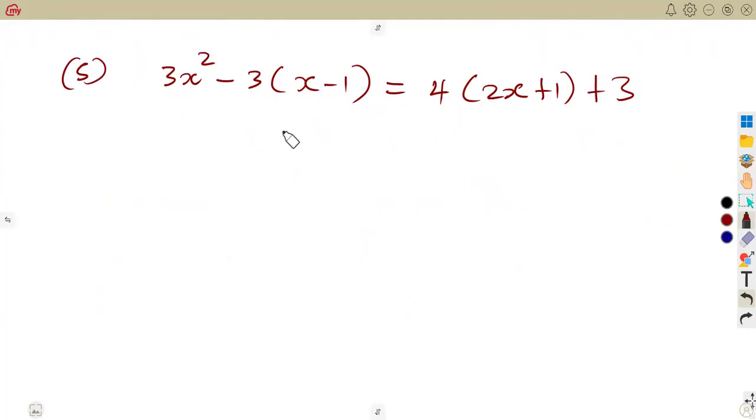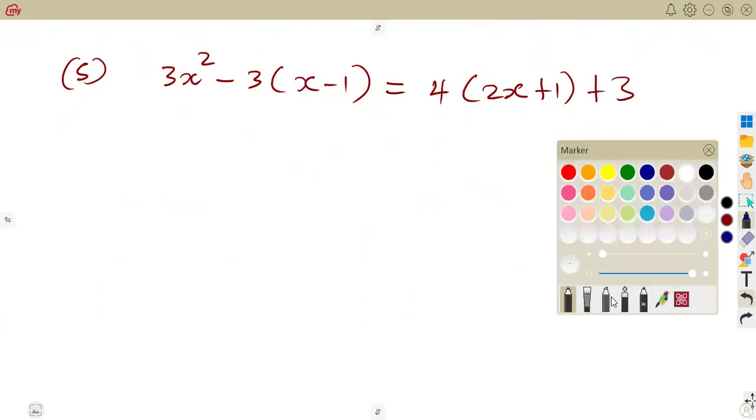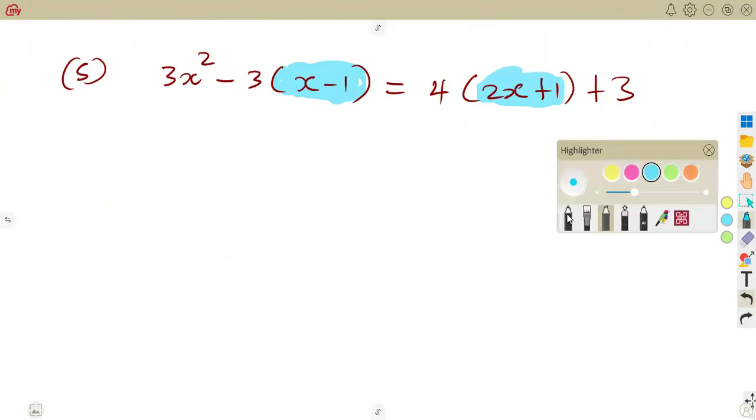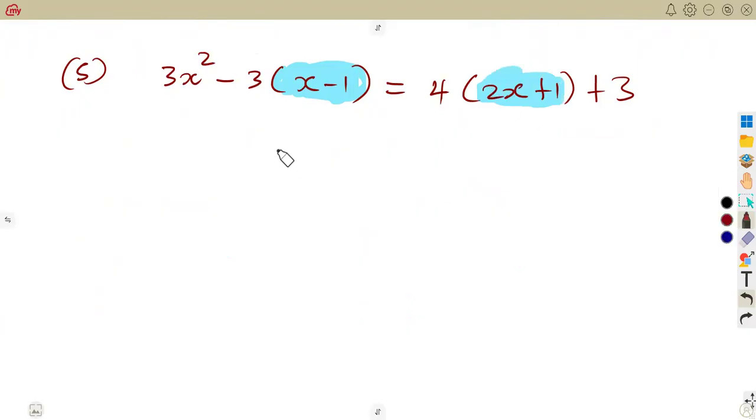Expanding the brackets, we need to distribute by minus 3. This bracket of x minus 1, minus 3 has to affect each and every term. We've got this bracket of 2x plus 1. The 4 has to affect each and every term before collecting the like terms.